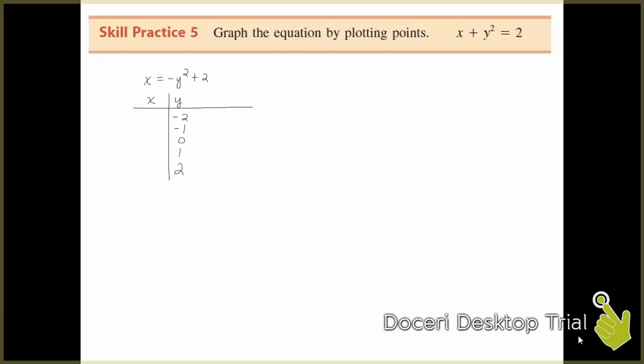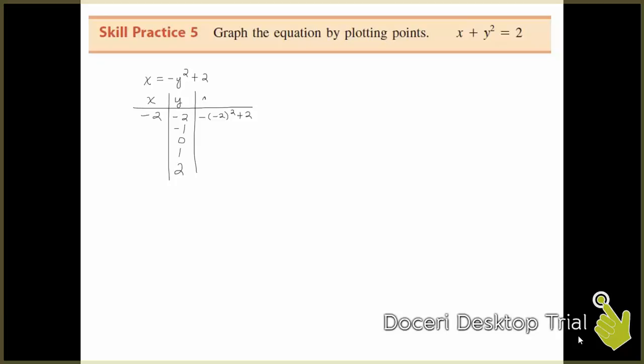All right, so I'm going to do some calculation over here to the right. So we have negative 2 squared plus 2, which is 4, but we make that negative. So negative 4 plus 2 is going to be negative 2, that we're going to put in there for the x.